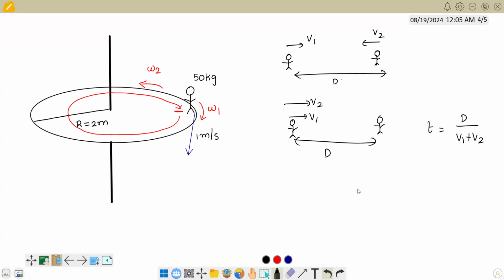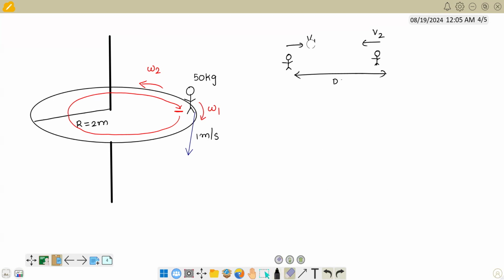We use the same logic here, but this is angular velocity. It's like two bodies traveling with angular velocities omega 1 and omega 2, and they need to cover one circle, that means 2 pi radians. So what is omega relative here? The omega relative becomes omega 1 plus omega 2, since one is going one way and the other the other way.